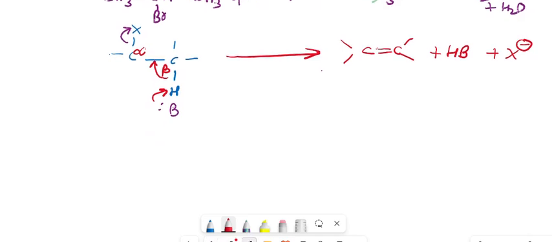Now, if we take an example of an alkyl halide in which there are two beta carbons, what is the nature of the product? Let us see the nature of the product and what the yield is.